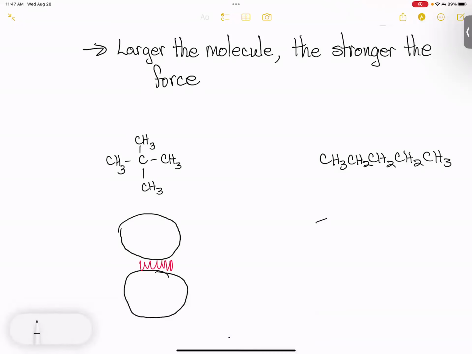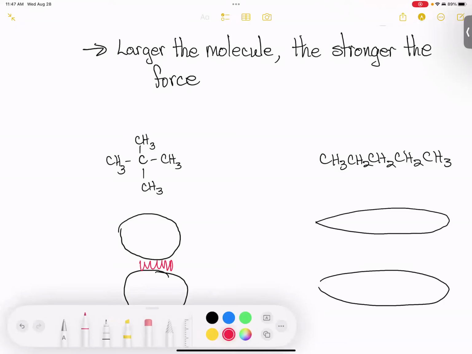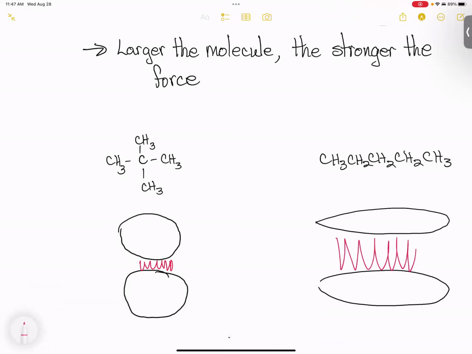Whereas if I have the longer shape, there are going to be more areas where it can interact. So size and shape also makes a difference.